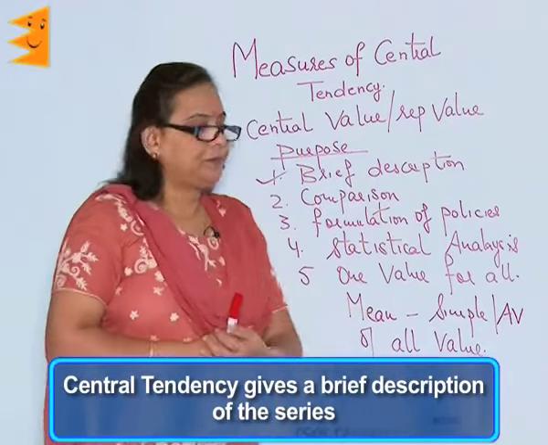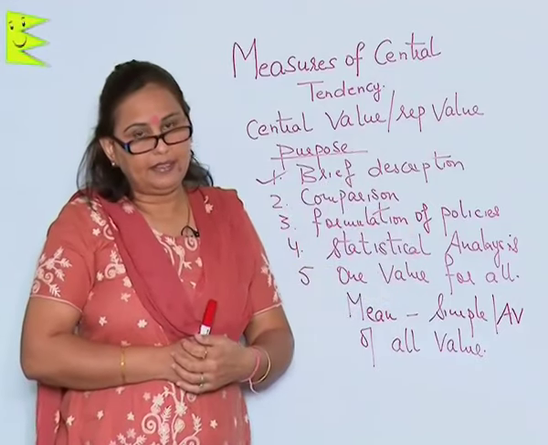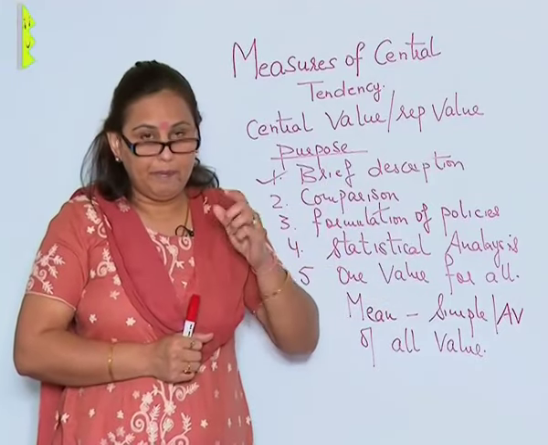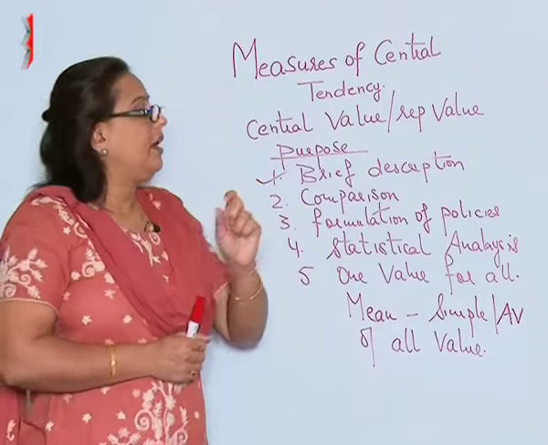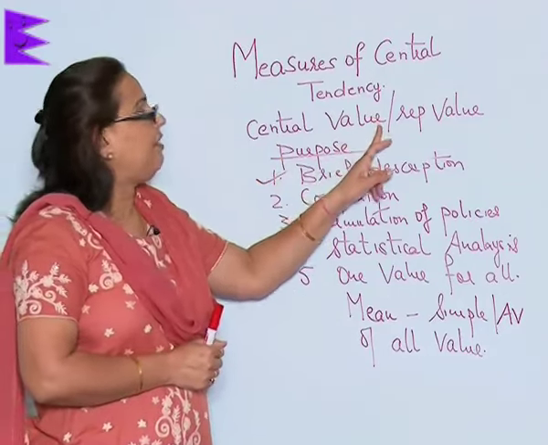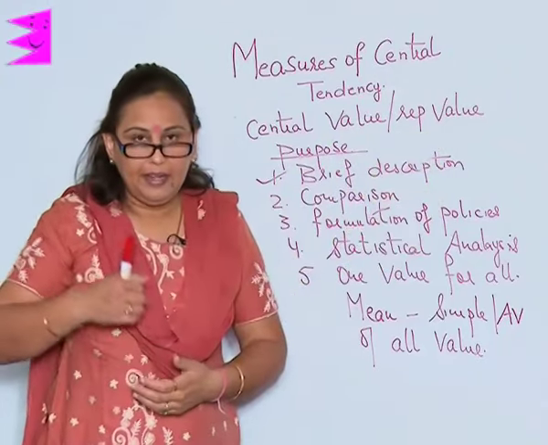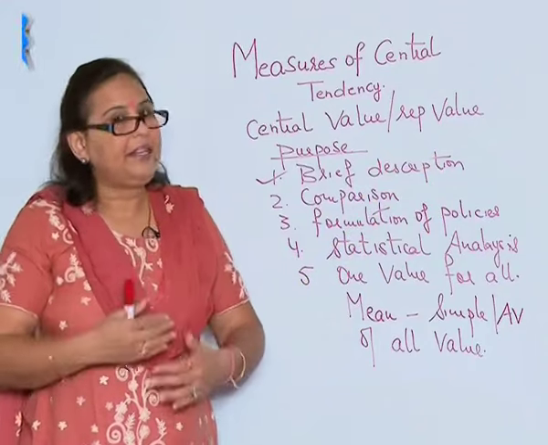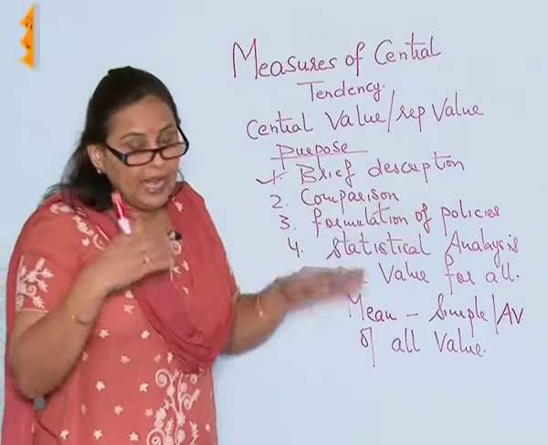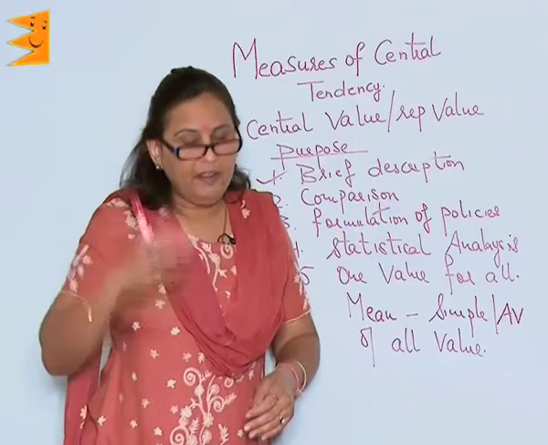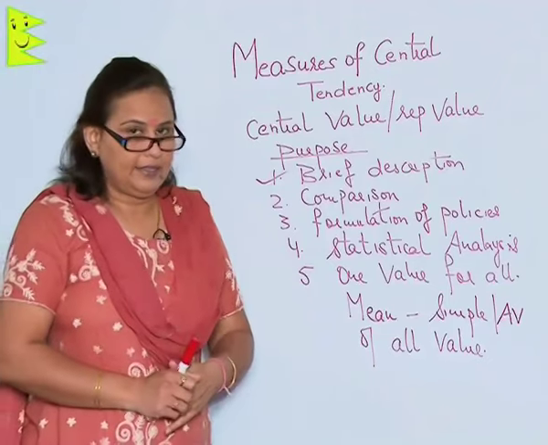For example, if there are 50 students in a class, it is very difficult to remember the marks of all the 50 students. But when we have the representative value, we can easily guess what the marks of the students are, and thus it gives us a brief description of the marks of the students in a class.